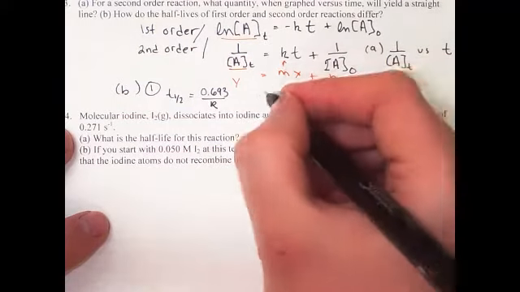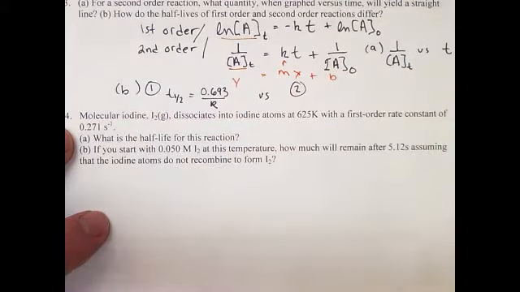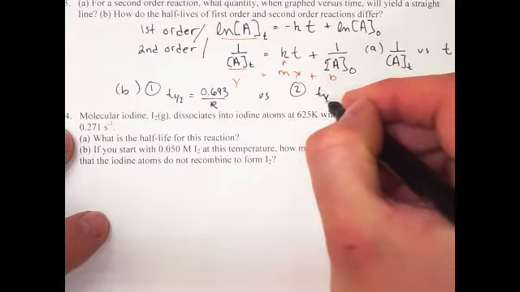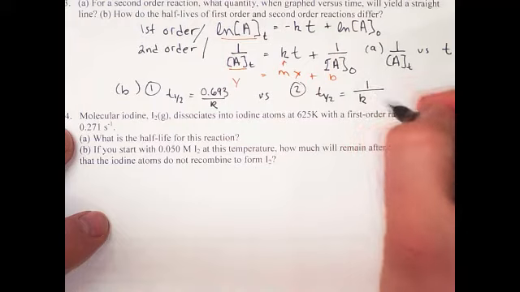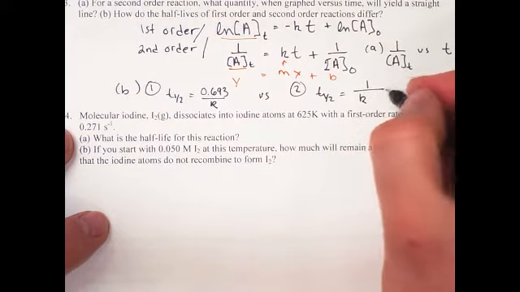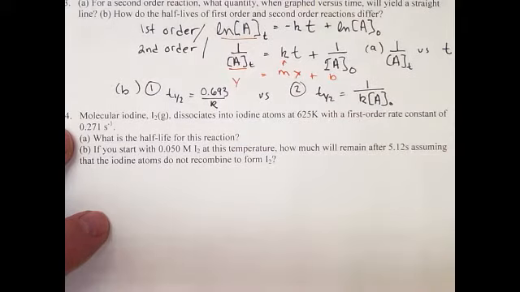That's for the first order. And for the second order rate law, we get half-life is equal to 1 divided by the constant. Notice the 0.693 is not there anymore, times the concentration that you initially started with.